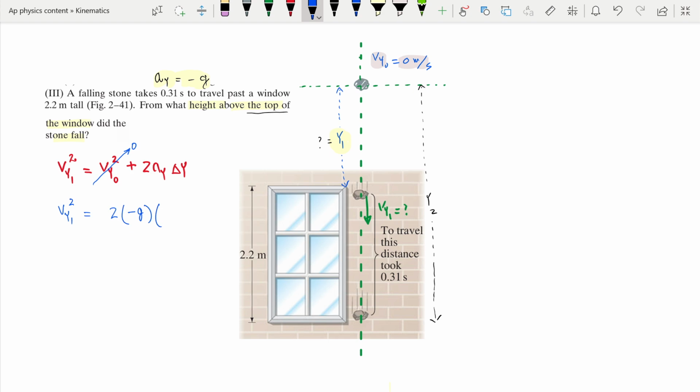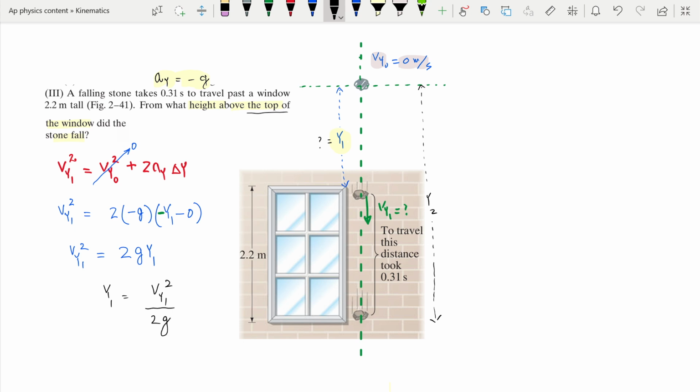Now the displacement covered from the origin to this point is negative: the final position is y1 minus the initial position 0, but since the displacement direction is downward, I can write a negative sign here. Now this negative sign and the other negative sign will cancel out with each other, and you can write 2gy1.